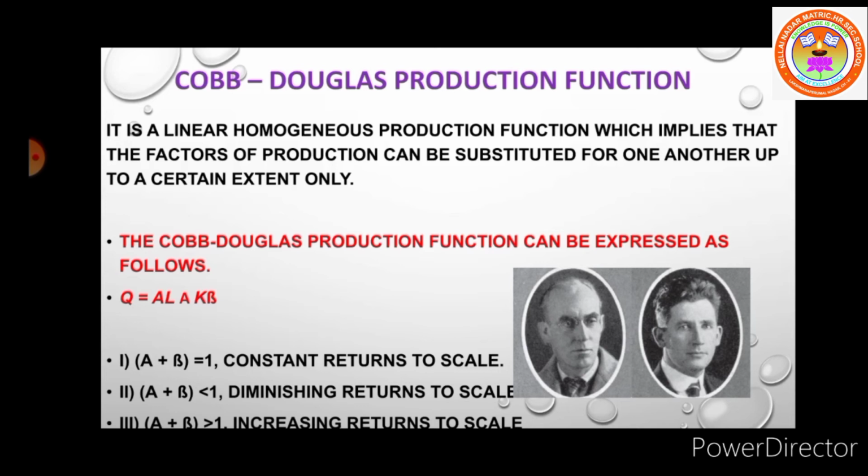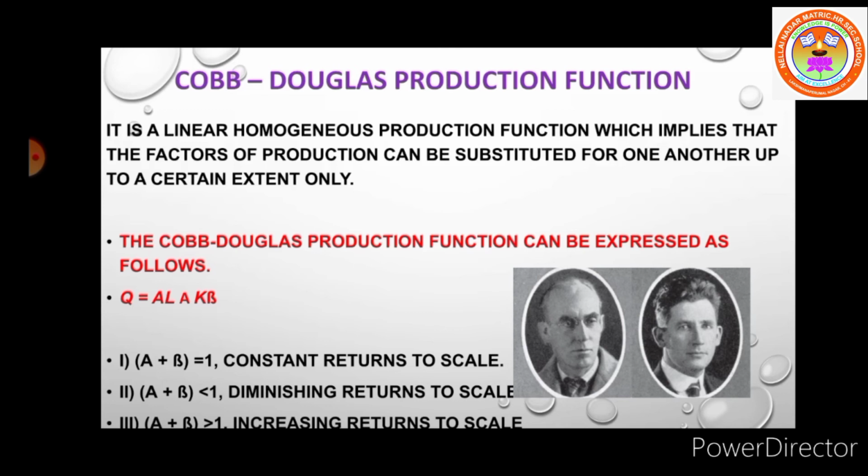L, labor input, the person-hours worked. K, capital input, a measure of all machinery, equipment and buildings. A, total factor productivity. Alpha and beta are the output elasticities of labor and capital respectively. Alpha and beta values are constant.